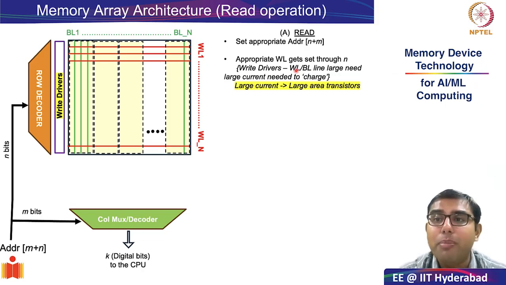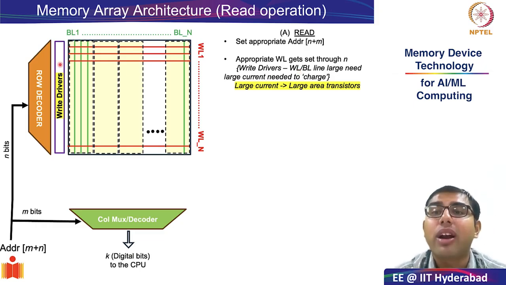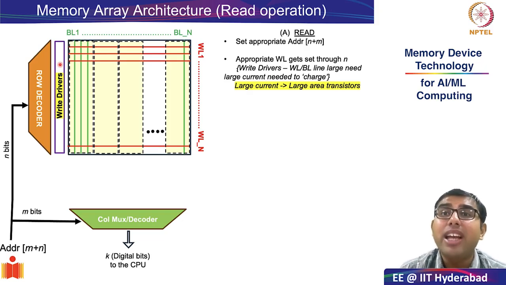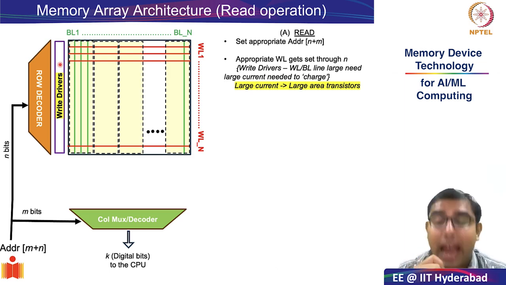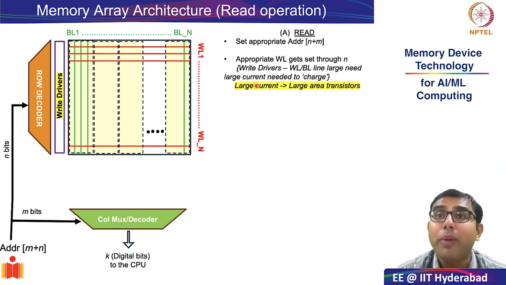Since there is a capacitive element to it, we have to use large write drivers. So this is where we introduce the term write drivers. As we will see very soon, write drivers are nothing but large pass gate transistors which can supply a lot of current to charge and discharge these word lines, and we will see bit lines also very quickly. So in essence, how quickly you can assert the word line will determine your read and write speeds. If you want fast charging times, you will have to use larger area transistors.